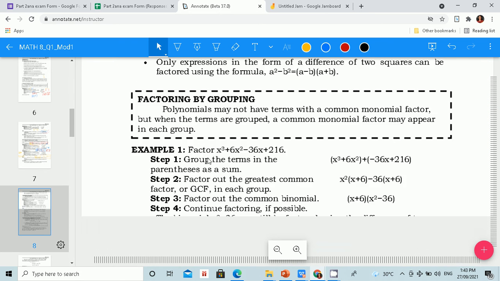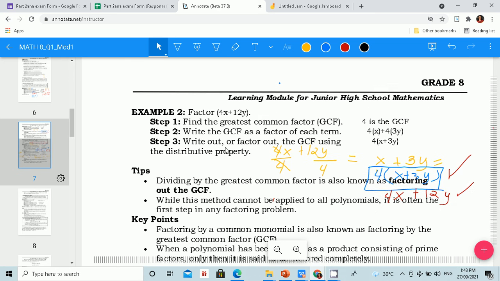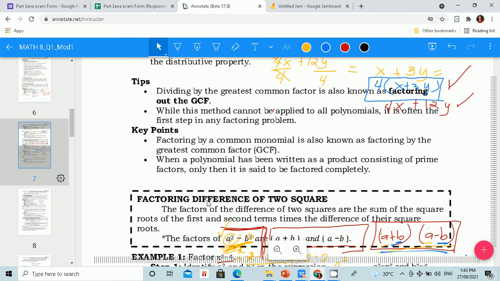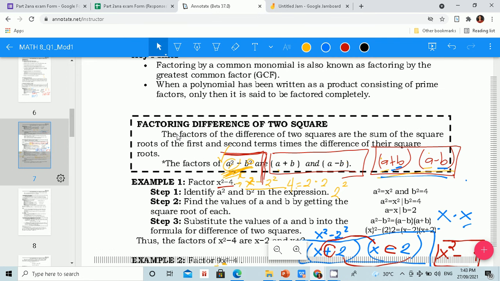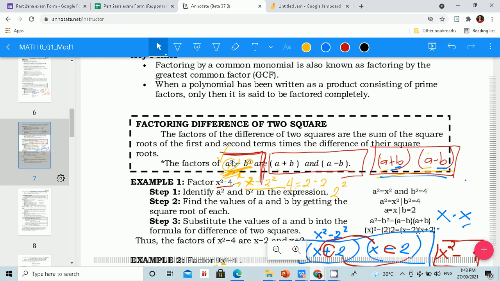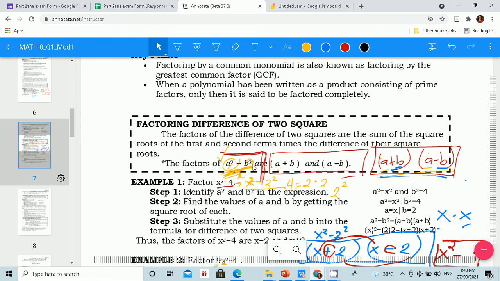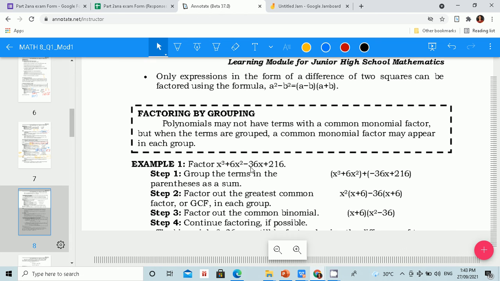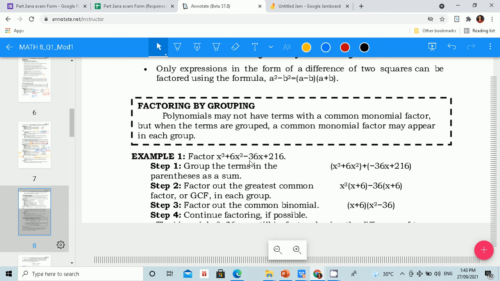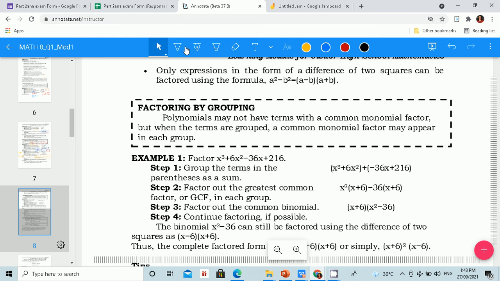Okay, so let's go to another page. So we have factoring by grouping. Last time, this is what we call factoring difference of two squares, where a is squared and b is also squared. Now let's go to number 3, factoring by grouping.